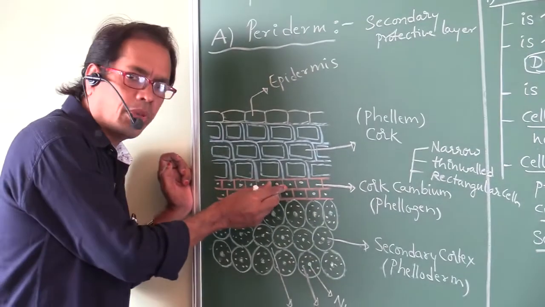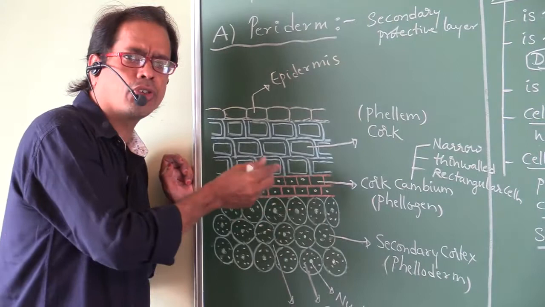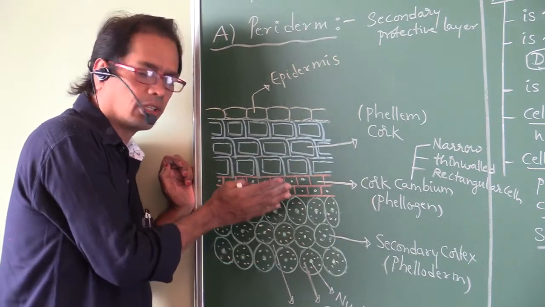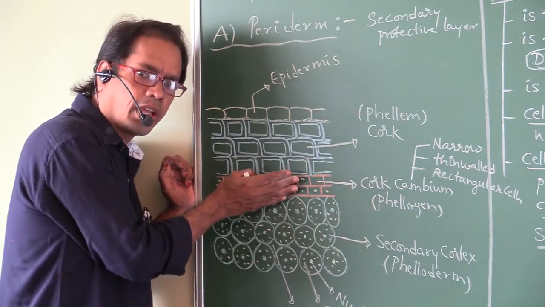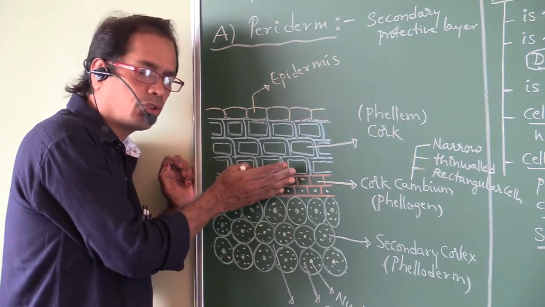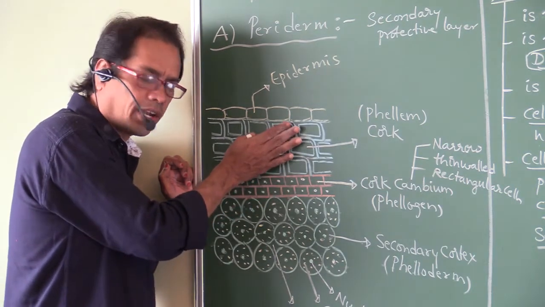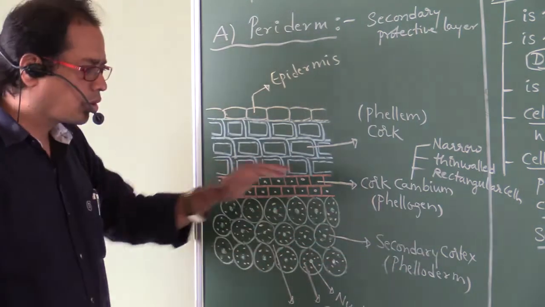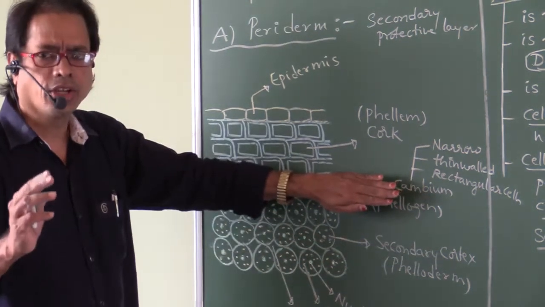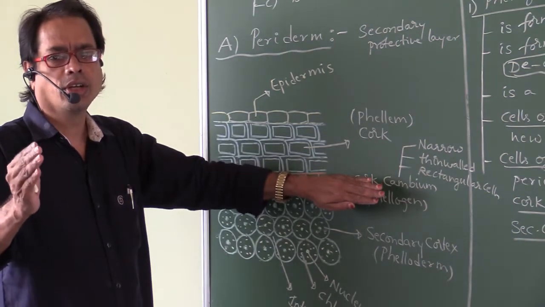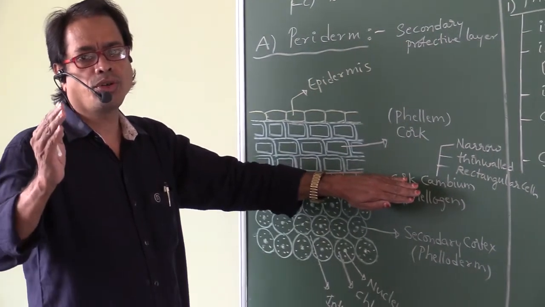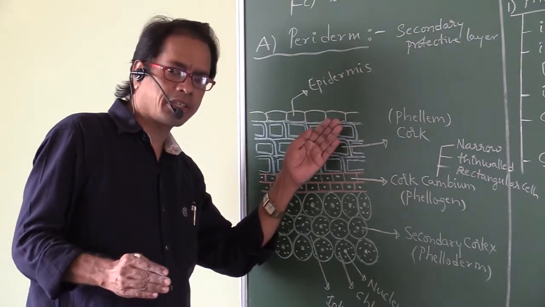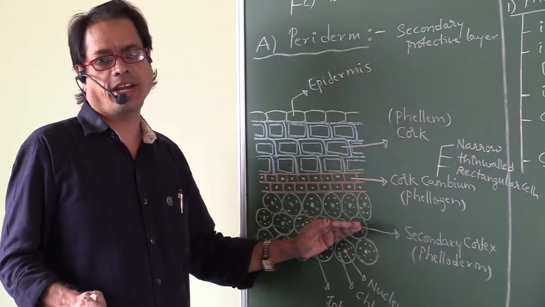This cork cambium cuts off new cells on both sides. Cork cambium produces a tissue called cork towards the outer side, and towards the inner side secondary cortex is produced. So cork cambium produces 2 types of tissues, both towards the outer side and the inner side.